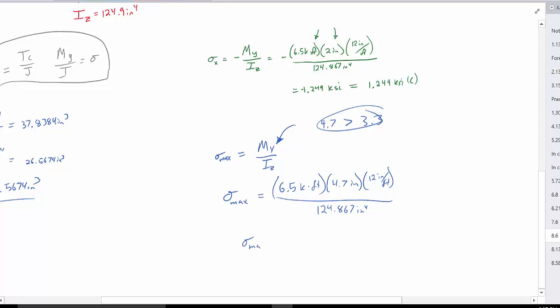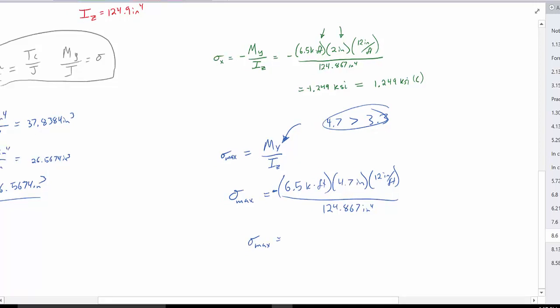And you should get a stress max. And I forgot, negative moments, right? Stress max is going to be a negative 2.9359 kips per square inch. And so the negative means compression, right?